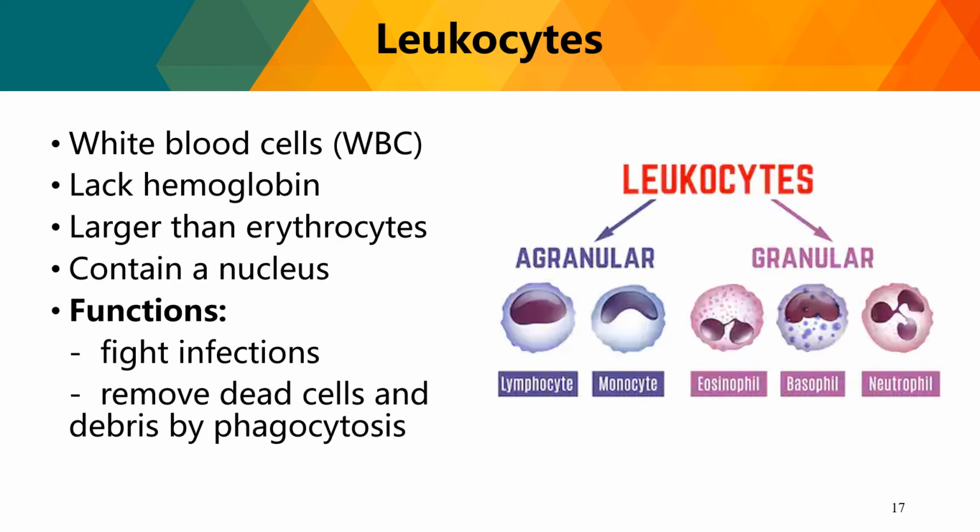So here in the agranular leukocytes, you have your lymphocytes, and then you also have your monocytes. And then for the granular ones, you have here your eosinophil, the basophil, and then the neutrophil. So all of them are actually granular leukocytes. So you see that they have dots. So those are the granules found in their cytoplasm.